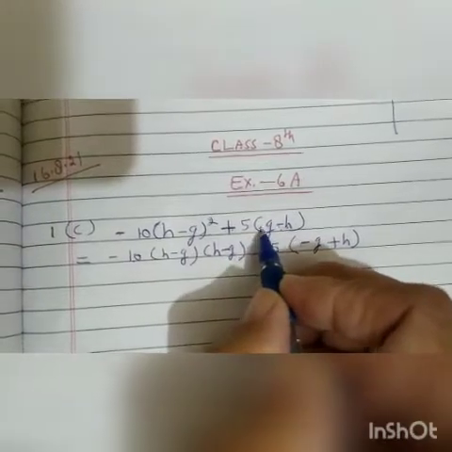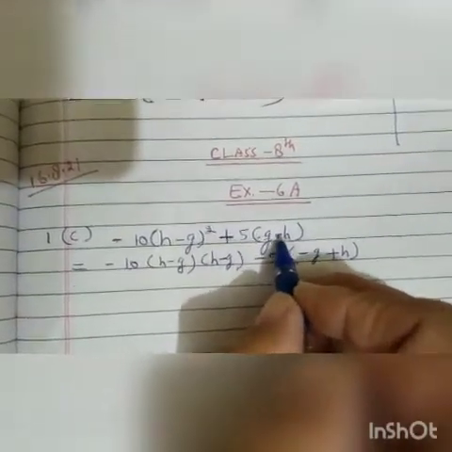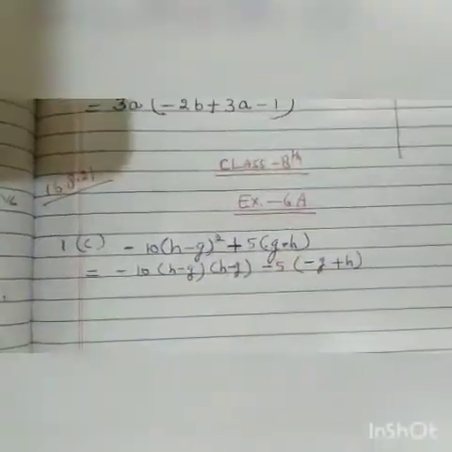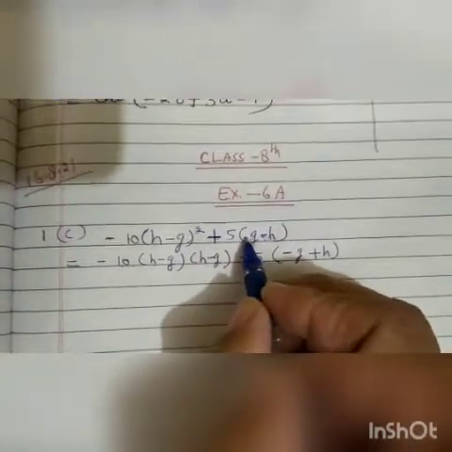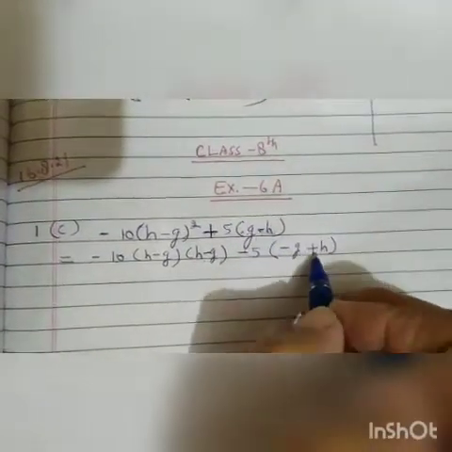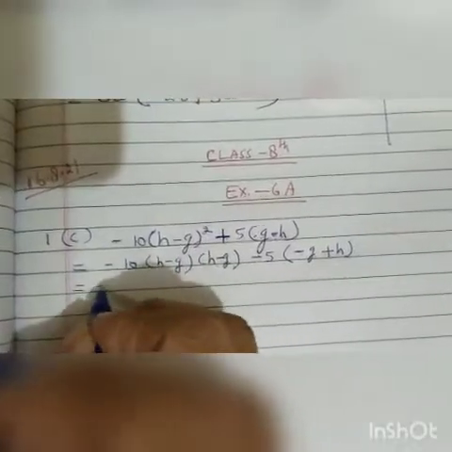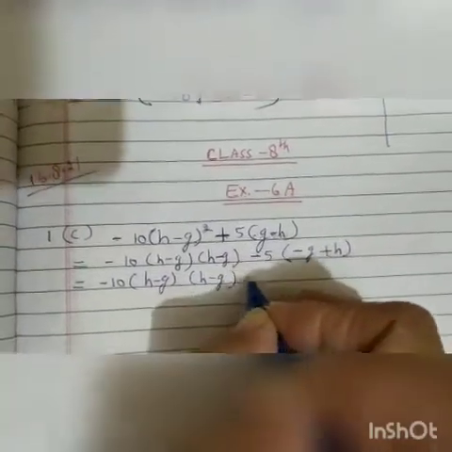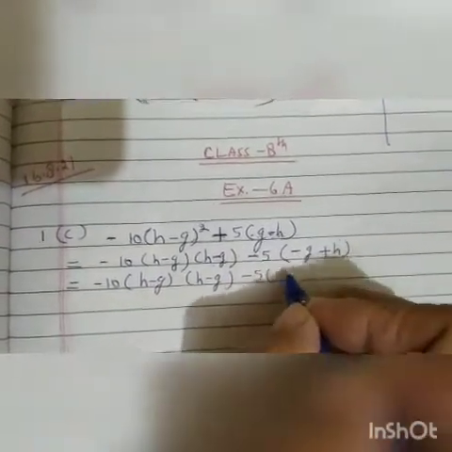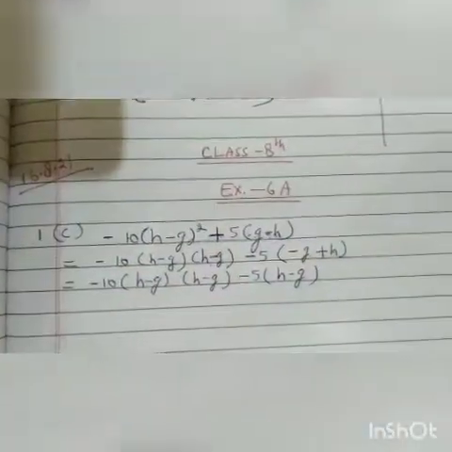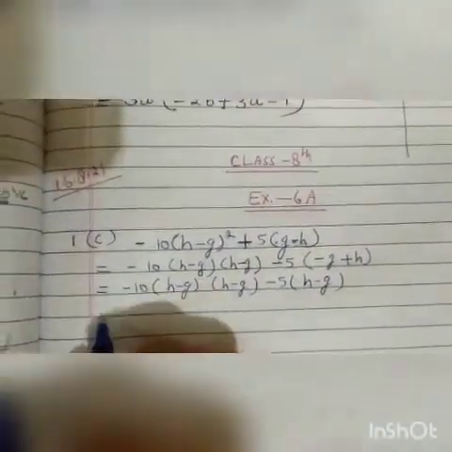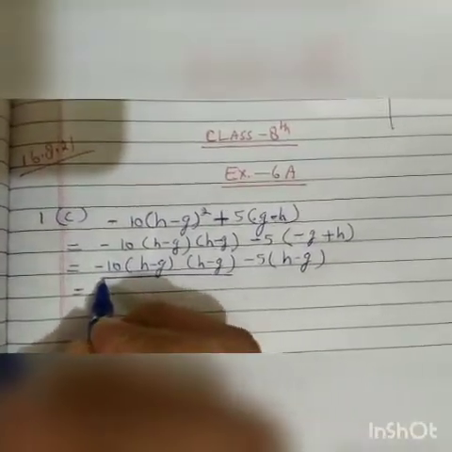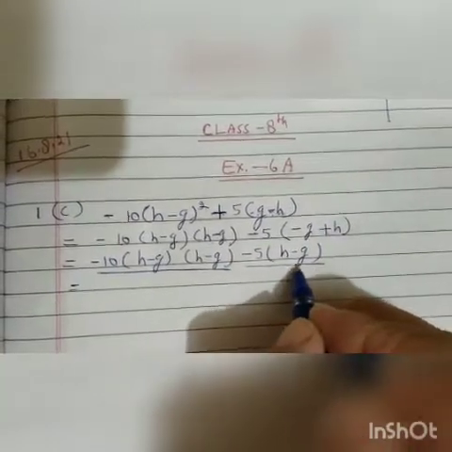We will change this plus 5 to minus 5, then this plus g will change to minus g and minus h will change to plus h. It means this minus 10 (h minus g) minus 5. Now minus g plus h can be written as h minus g. Now this is our first term, and this is our second term.